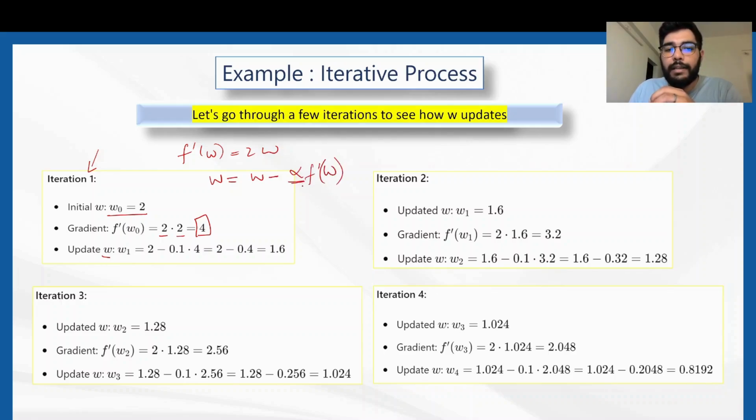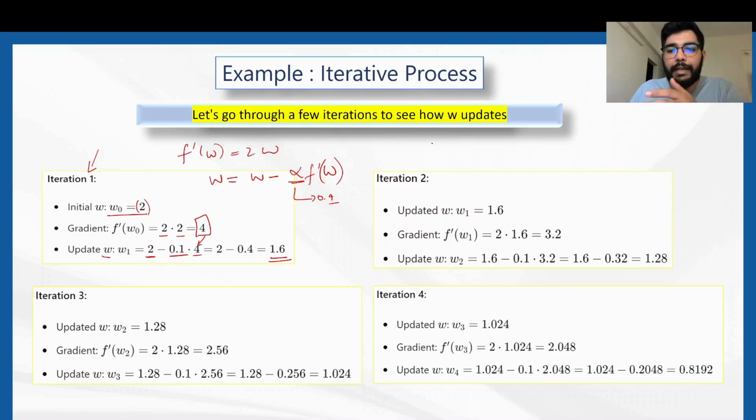This alpha is the learning rate. We initialize this learning rate to 0.1. Hence, we have the initial weight 2 minus the product of learning rate and the gradient. The gradient comes from here and the learning rate is what we have defined. So we have the new weight, or the new parameter, as 1.6.